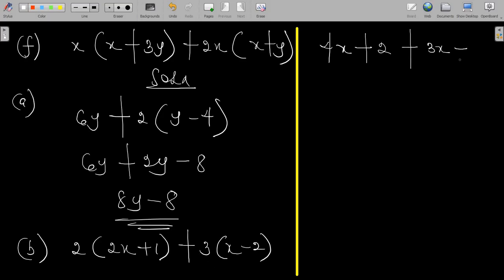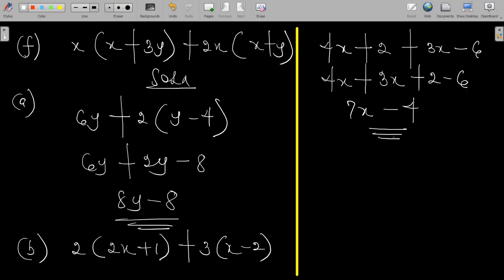Then 3 times 2, we have it to be 6. In this case, again, we are going to collect like terms. So we have 4x plus the 3x, then plus 2, then negative 6. So 4x plus 3x, we have it to be 7x. Then plus 2 minus 6, we have it to be negative 4. And that is the answer to that question.